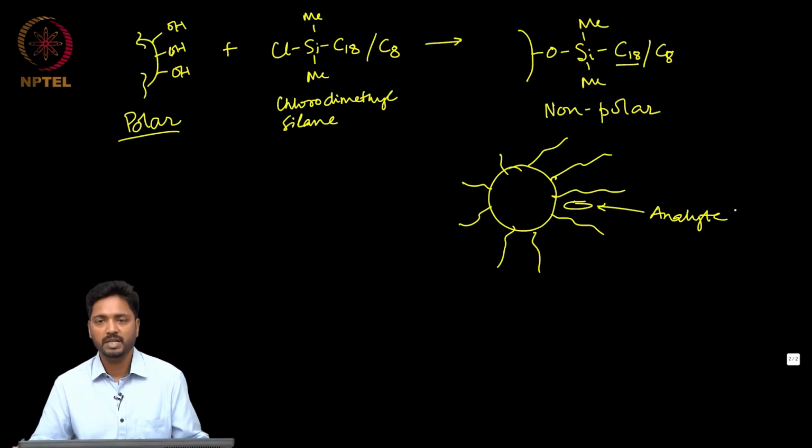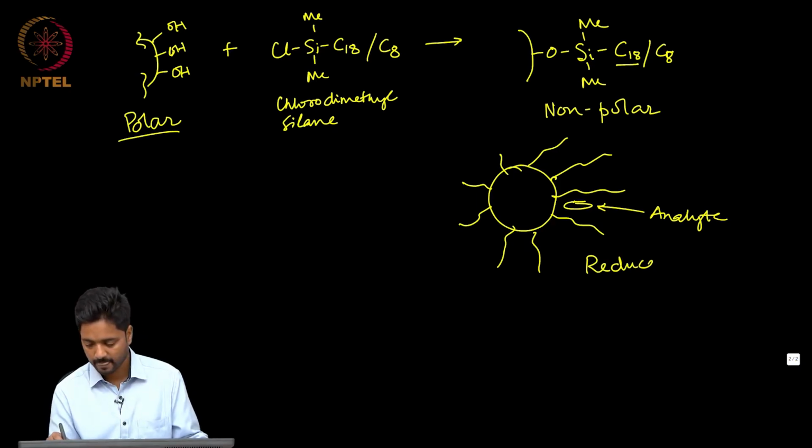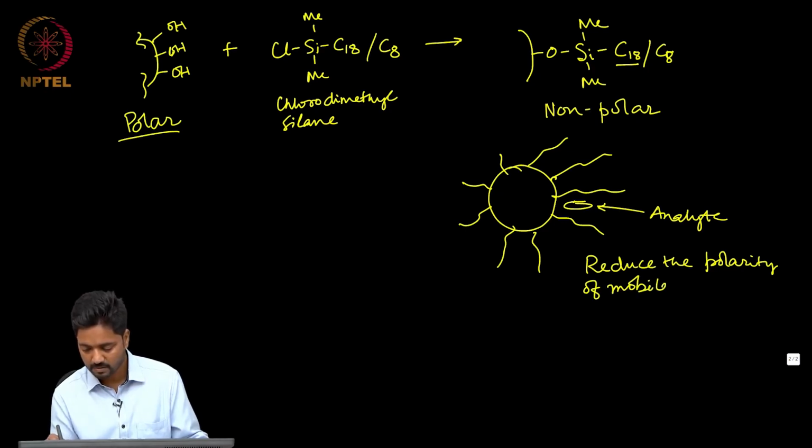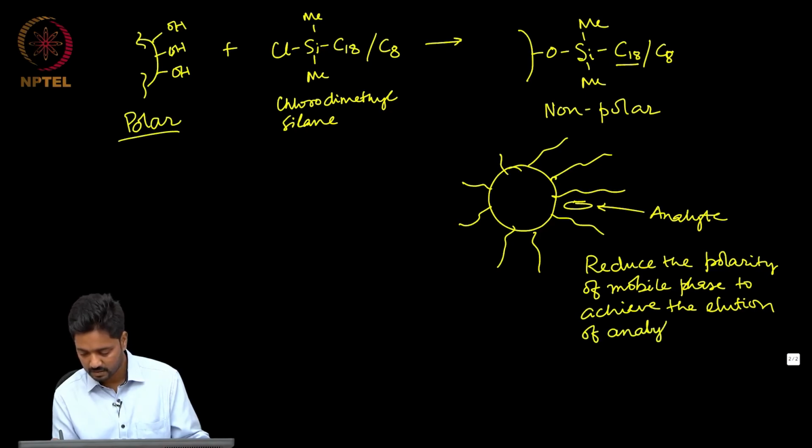So, we need to reduce the polarity of the mobile phase to achieve the elution of the analyte from the chromatographic column.